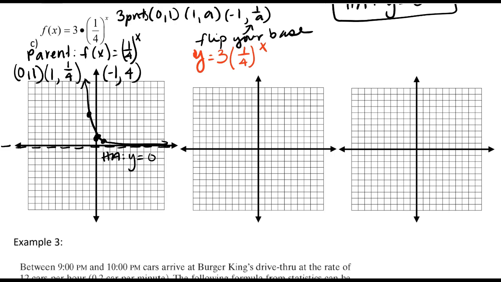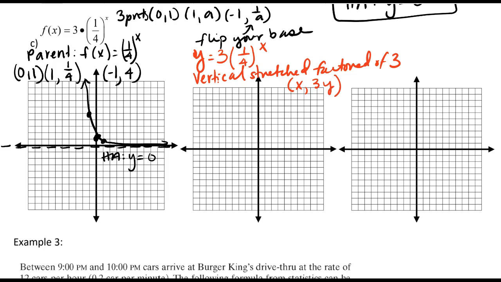Because this is 3 times being in the front, we are going to do a vertical stretch factor of 3. Since you only have one transformation, the third grid is not needed. What does vertical stretch factor of 3 mean? That means the x is going to stay the same and the y value will be increased by 3.